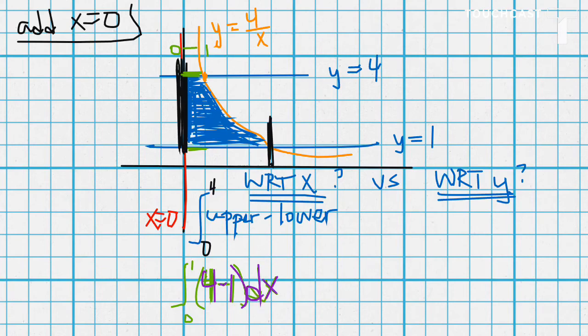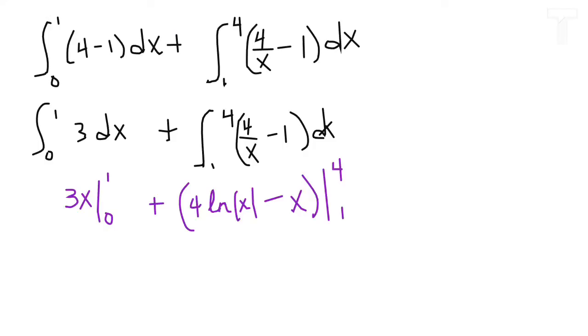And then, as I move along the curve, now it's changing, and the upper curve is this orange stuff. So that's starting at 1 and going till 4. And so I'm doing the 4 over x minus, and the lower curve is still 1 with respect to x. And I want you to pause the video and go solve that out.